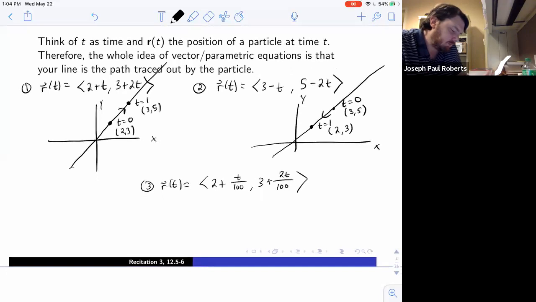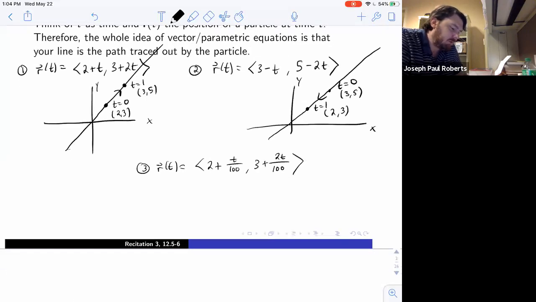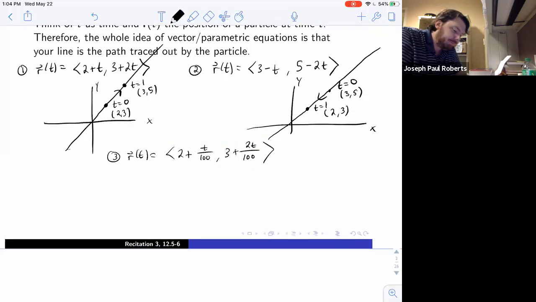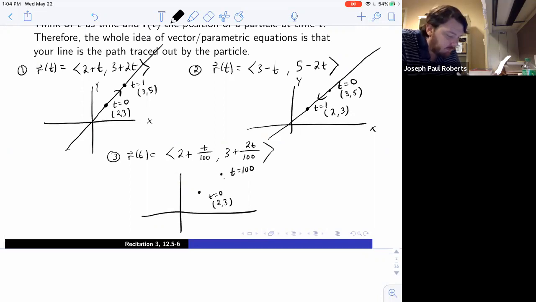This last one, I don't think people will usually give on a homework question. I made it a little bit more complicated. At t equals 0, we're still at the point (2, 3). And at t equals 100, I'll have 2 plus 1 is 3, 3 plus 2 is 5.